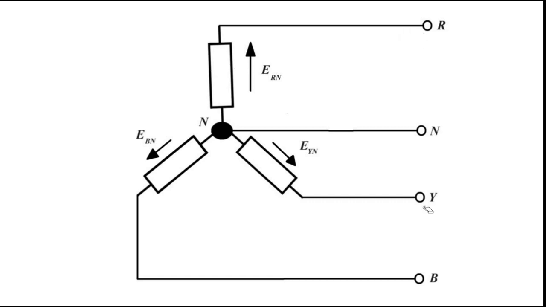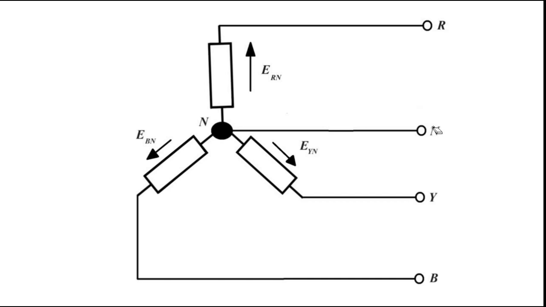Each represents a particular phase starting from the alternator to the load side, red, yellow, blue, and the point where these three windings are connected, the common point, the wire taken from that is called the neutral line. This is the neutral line.